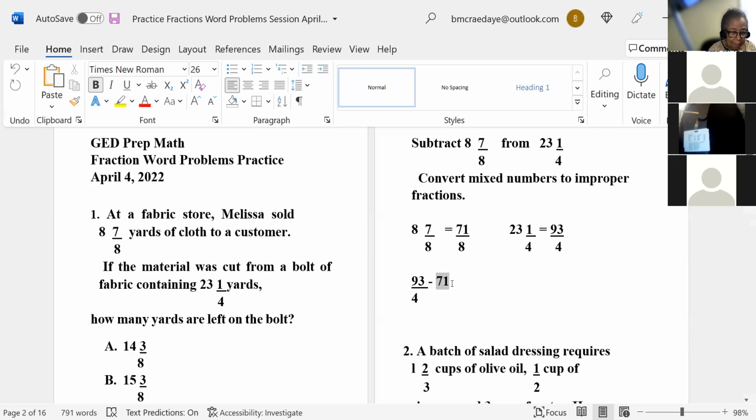Convert 93 over 4 to what number over 8?